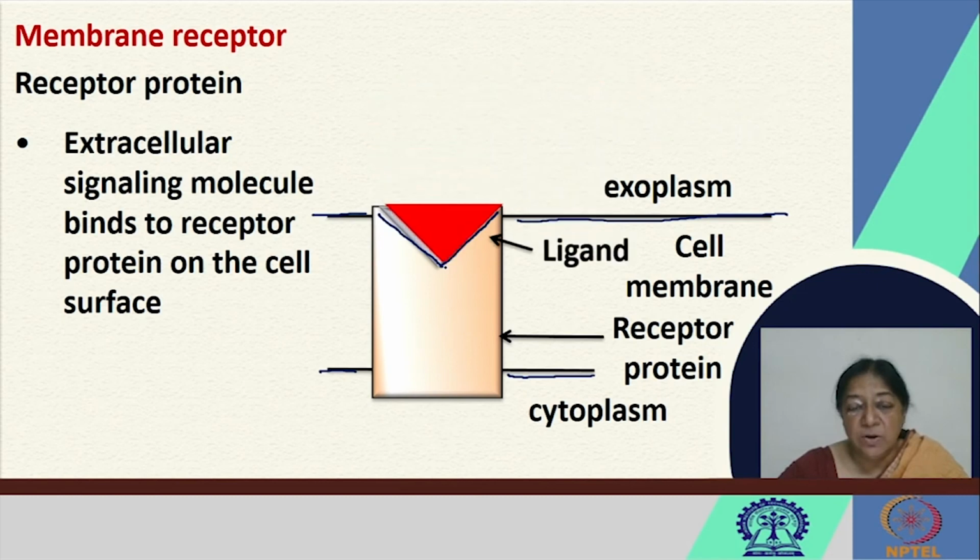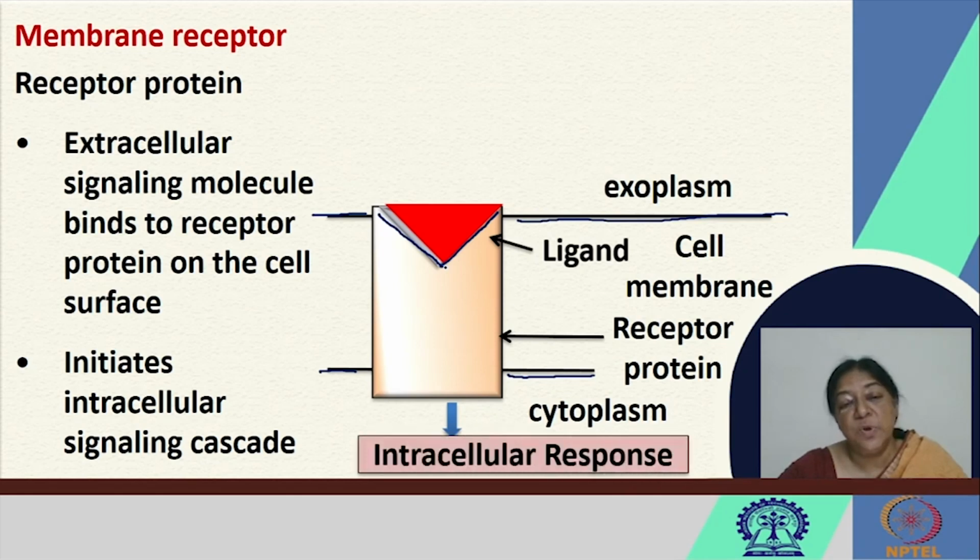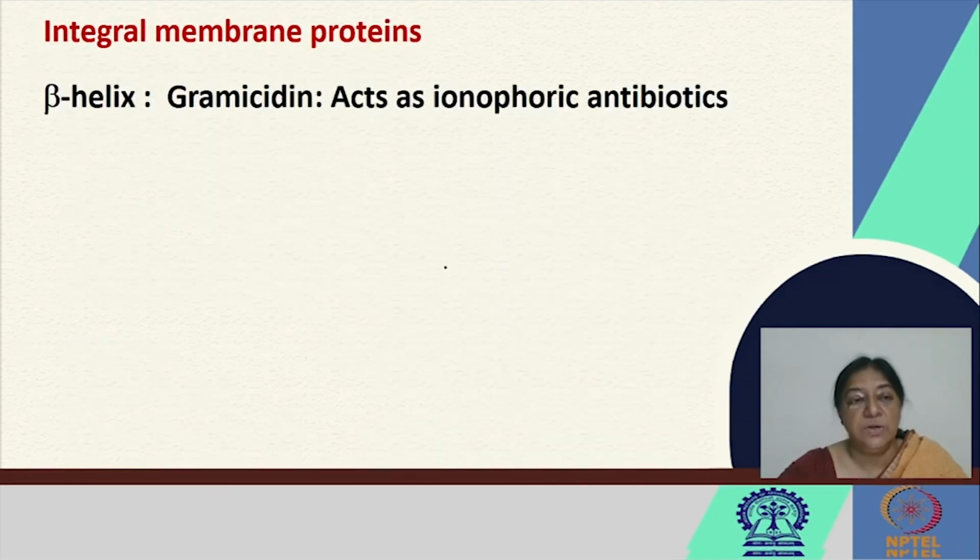When this binding occurs, it initiates an intracellular signaling cascade. These receptor proteins are very important in their structure-function relationships, so that the specific binding is going to trigger this signaling cascade. So then there is an intracellular response once the binding occurs.